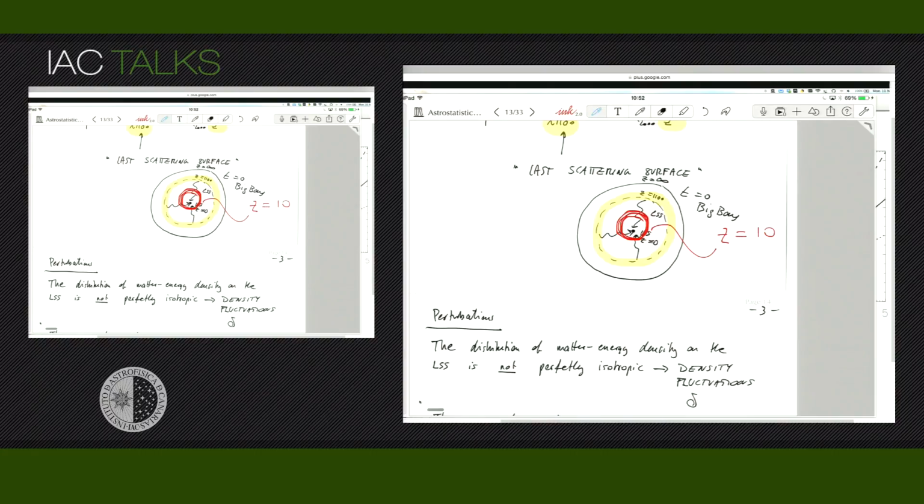This is the process of reionization of the universe. About 10 or 15% of the photons are rescattered in that process. But most of the photons that we see in the CMB have come from the last scattering surface without having been scattered since.